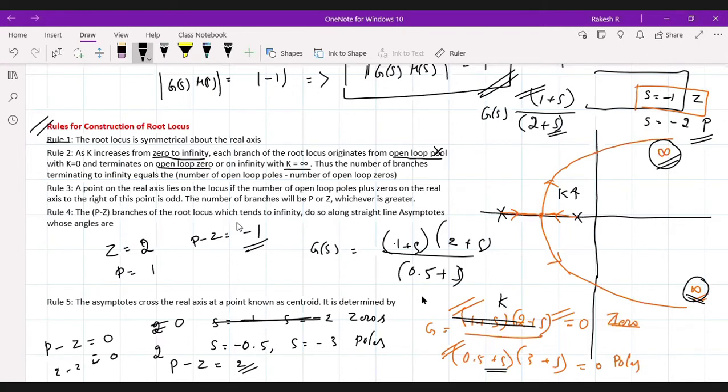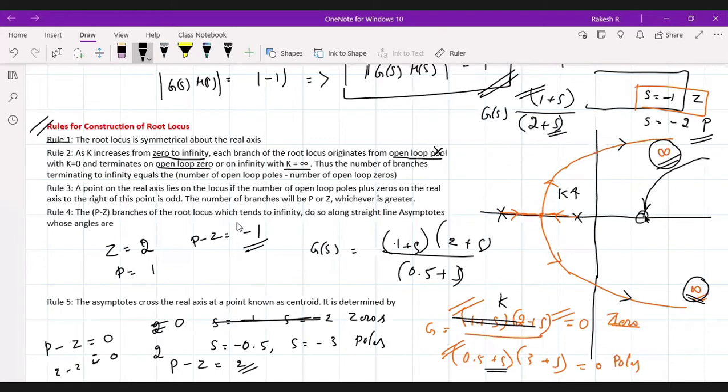What does this indicate? When we have this type of number, p minus z positive means one root is terminating at infinity. This root, whatever I have written here, is terminating at infinity. But when p minus z is negative, one root is coming from infinity to the zero which is present on the S plane or the graph here.